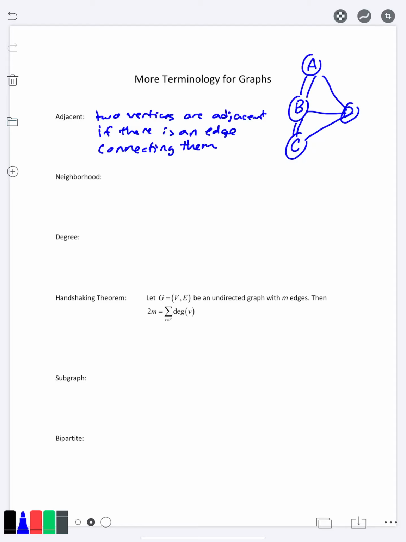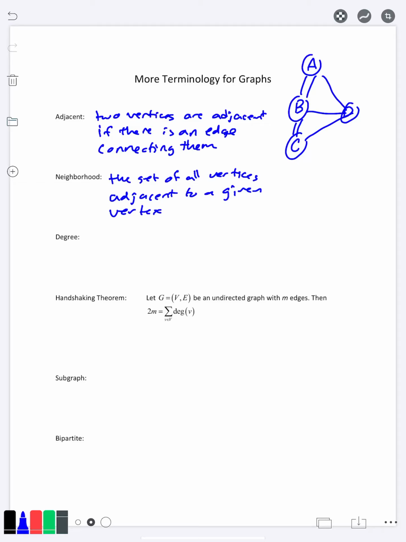The neighborhood is the set of all vertices adjacent to a given vertex. So the idea is that each vertex on your graph has a neighborhood.